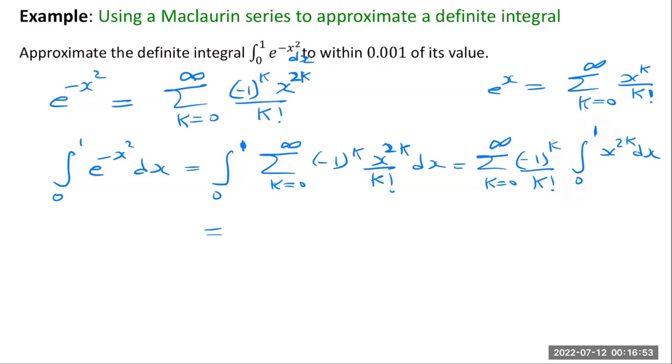I'm not going to show the details of the calculation. If you do the calculation, you should get the sum from k equals 0 to infinity of minus 1 to the power k divided by k factorial times 1 over 2k plus 1.